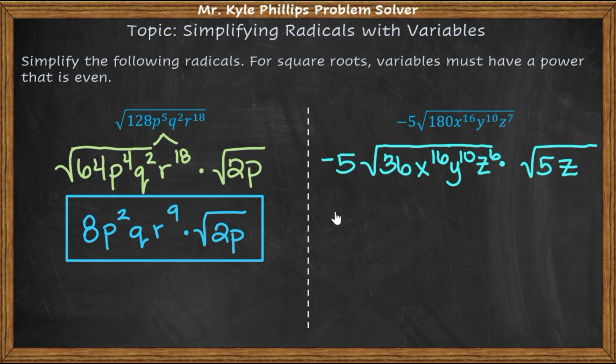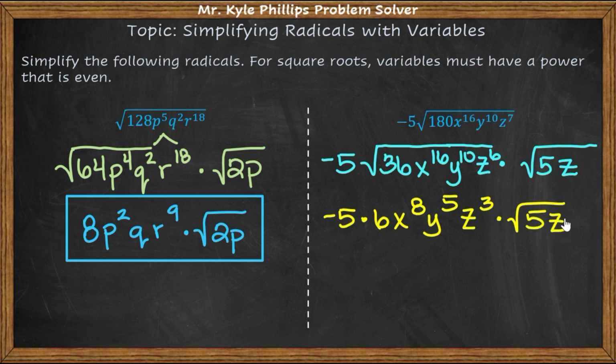So now I have -5 times 6, that's the square root of 36. 16 divided by 2 is 8. 10 divided by 2 is 5. 6 divided by 2 is 3. And I'll have 5z remaining.